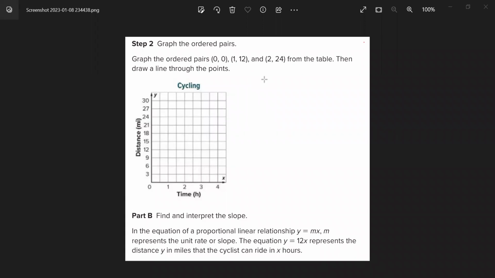The first point will be (0, 0), which will be x is 0, and 12 times 0 is 0. This will be your y. When x is 1, y will be 12 times 1, 12. When x is 2, 12 times 2, 24. So this is what we are going to graph right here.